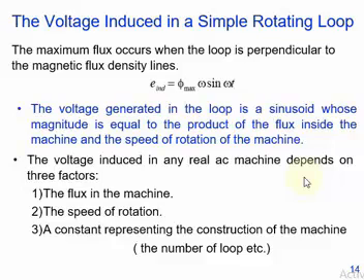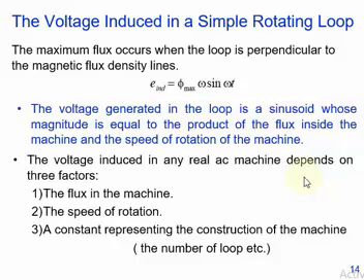The maximum flux phi max will occur when the loop is perpendicular to the magnetic flux density lines, which are represented with B in this case. The voltage generated in the loop is a sinusoid whose magnitude is equal to the product of flux inside the machine and the speed of rotation of the machine, as can be seen from the above equation.